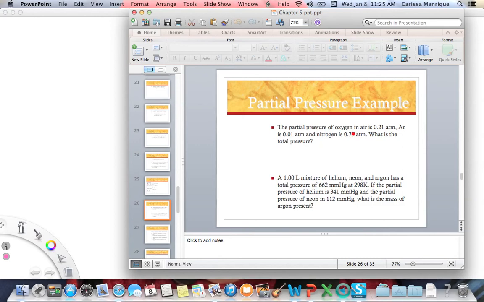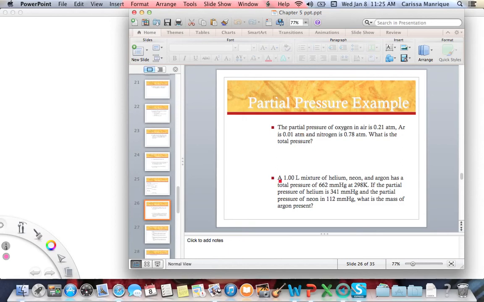What is the total pressure? Remember, the total pressure is all the individual pressures added together. So you just add up 0.21 plus 0.78 plus 0.01, and that should equal about 1 atmosphere.